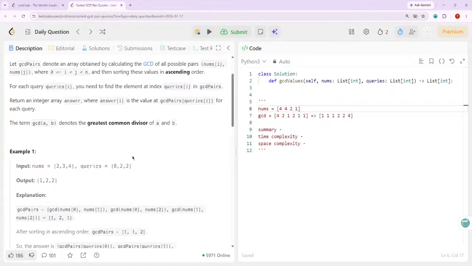I assume if I sort the values, right? Sort the nums array. Is there a way for me to leverage that? To leverage the fact that I'm doing GCD of sorted values.